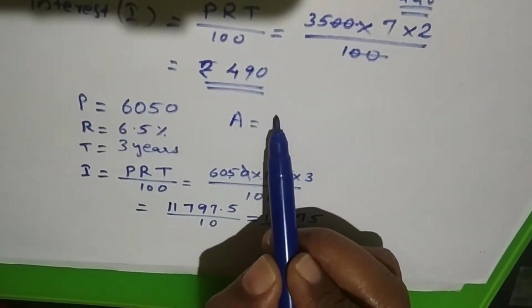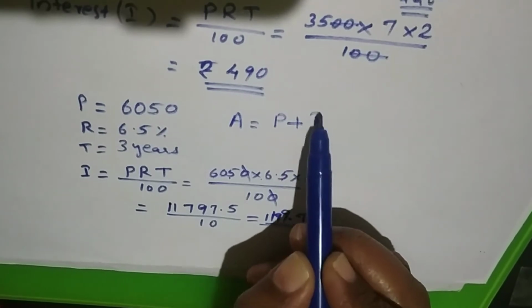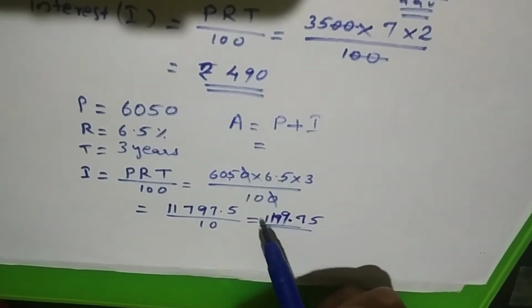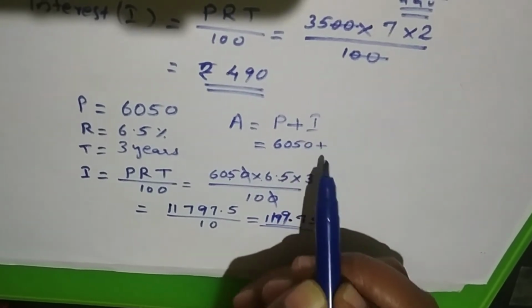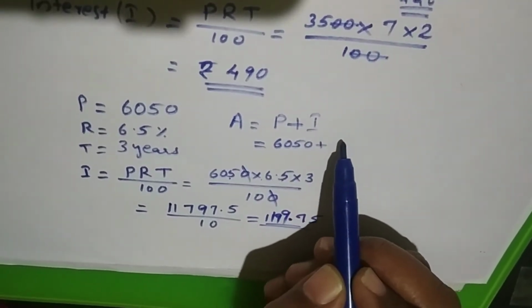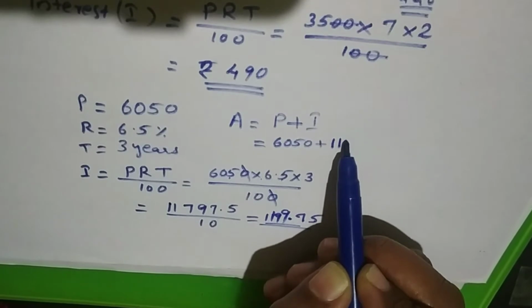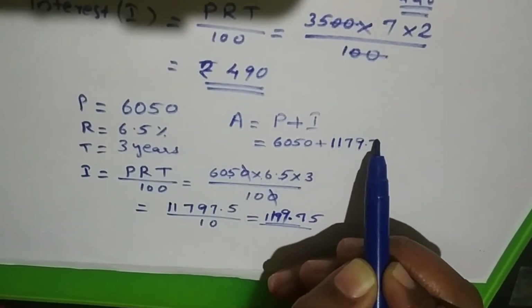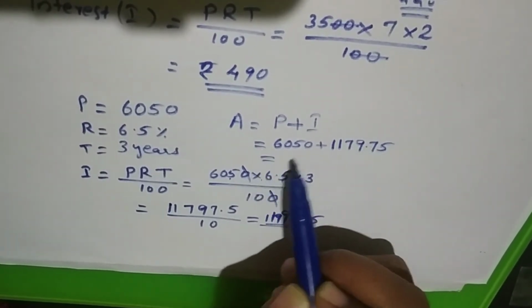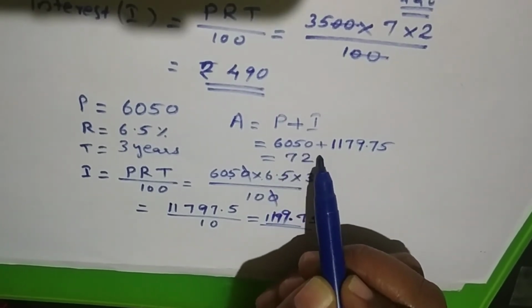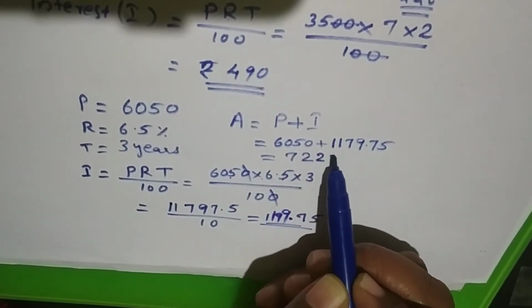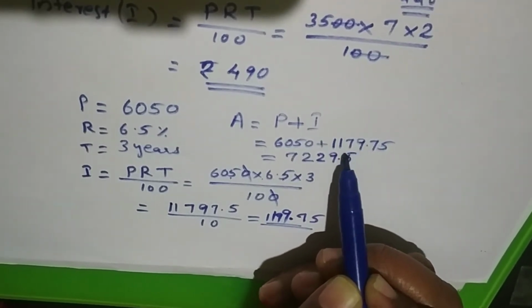We know amount is equal to principal plus interest. So here the principal is equal to 6,050 plus interest, 1,179.75. We have to add these two. We will get 7,229.75.